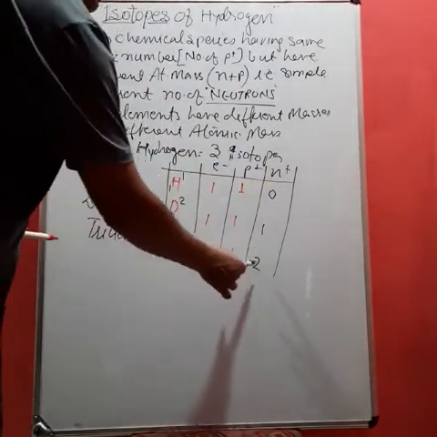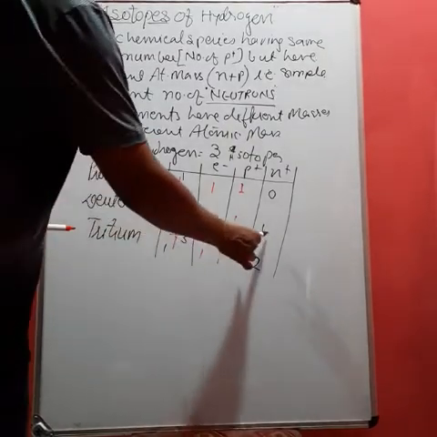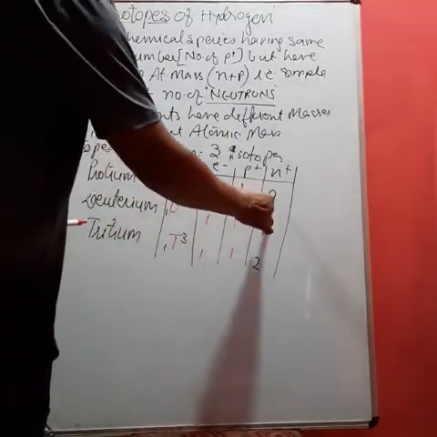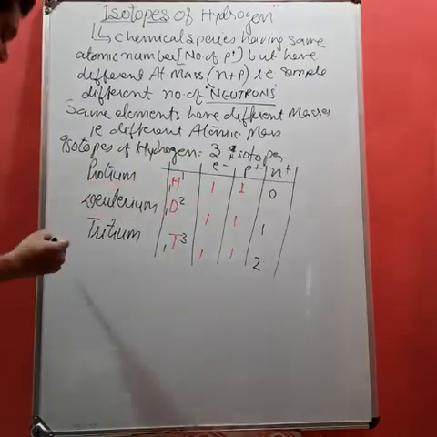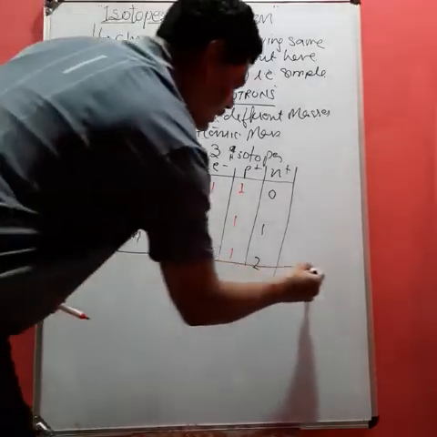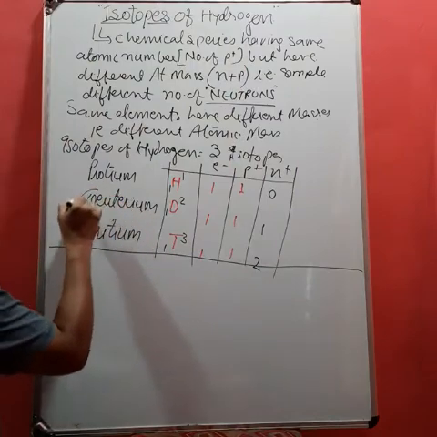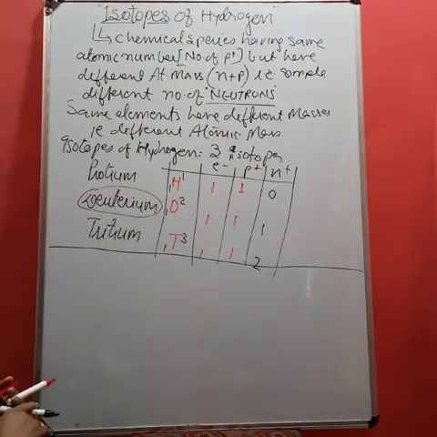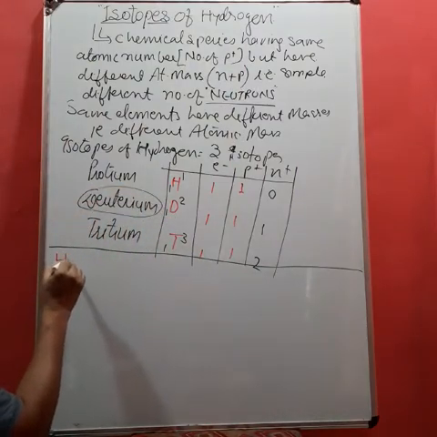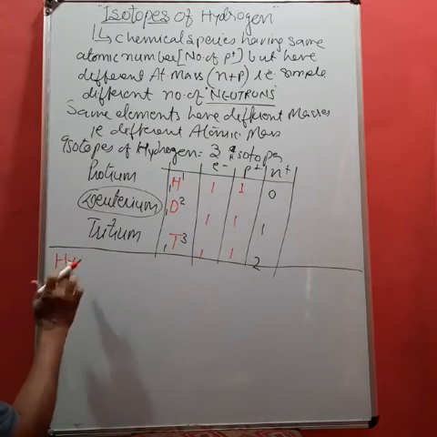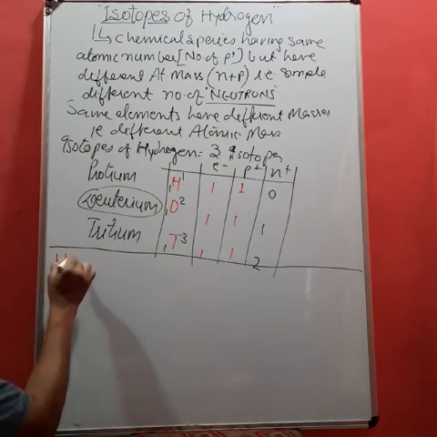Therefore 1 plus 2 becomes 3, 1 plus 1 becomes 2, and 1 plus 0 becomes 1. This is called isotopes of hydrogen. Student, on the basis of this deuterium, we have its oxide called heavy water.